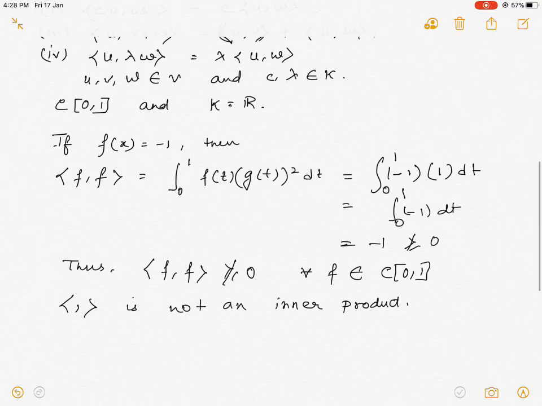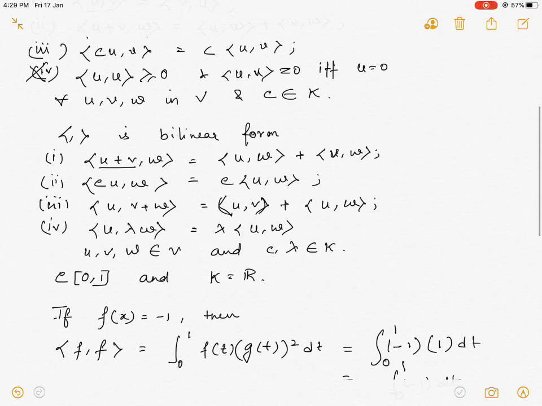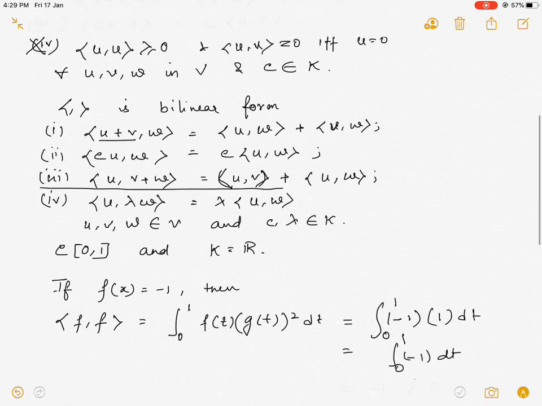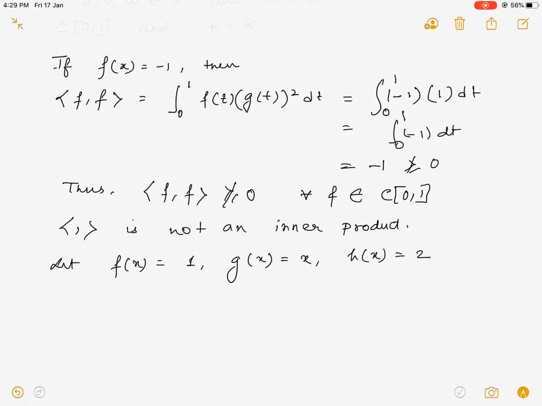For the bilinear form, we will check the third axiom. Let f(x) equals 1, g(x) equals x, and h(x) equals 2. Then f, g, h are all continuous functions.